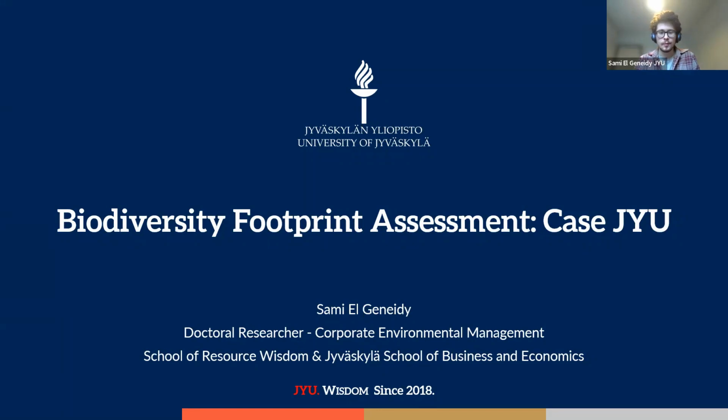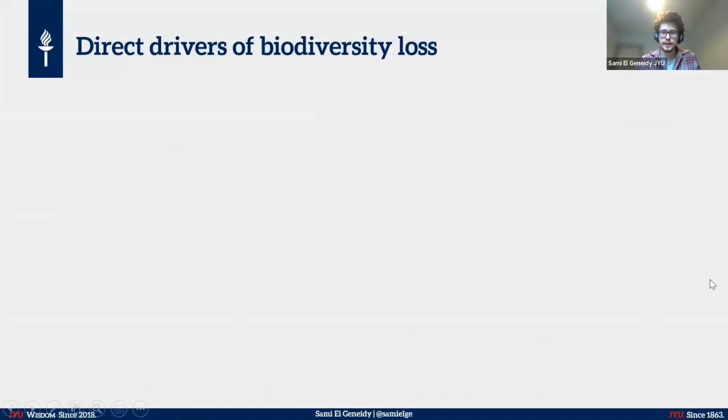So let's go. I'm going to go quite straight into business here. First we have to understand what drives biodiversity loss. So what are we actually measuring when we want to measure a biodiversity footprint? We have 5 drivers of biodiversity loss as identified by the International Panel on Biodiversity and Ecosystem Services, IPBES.